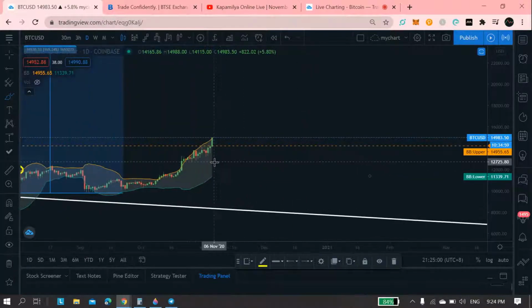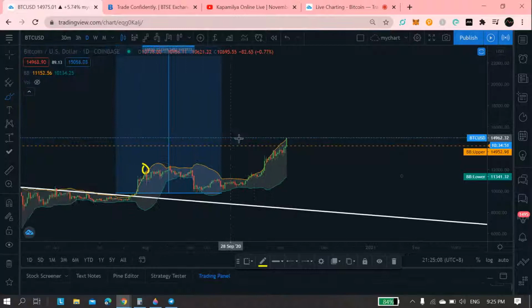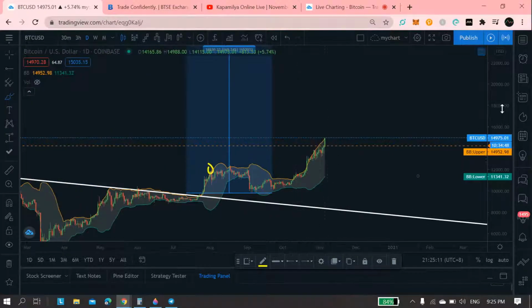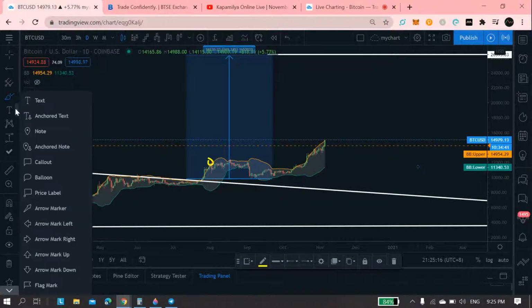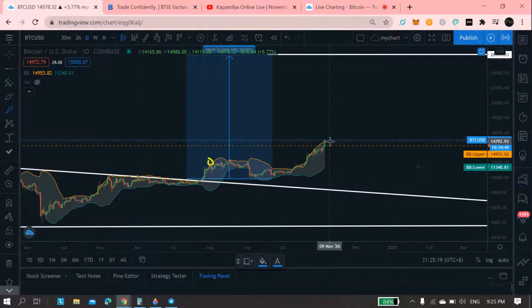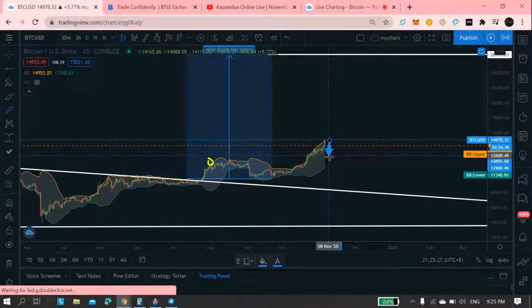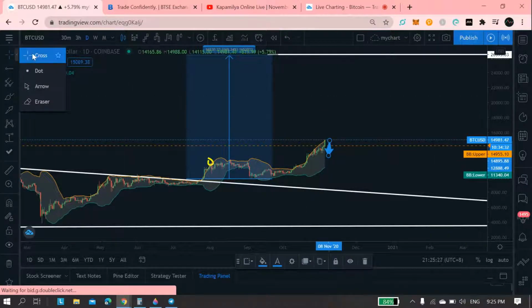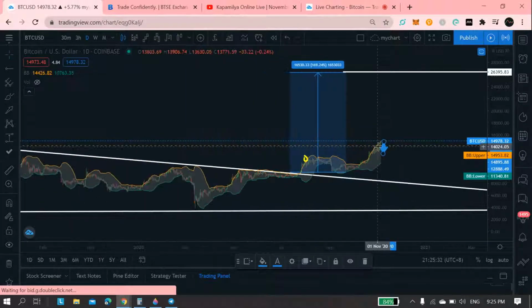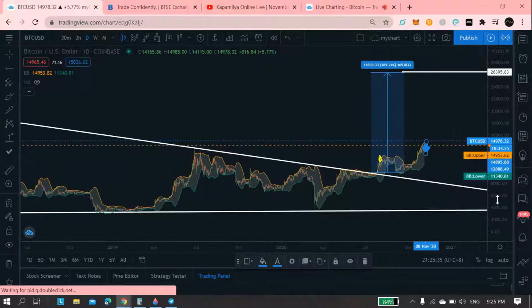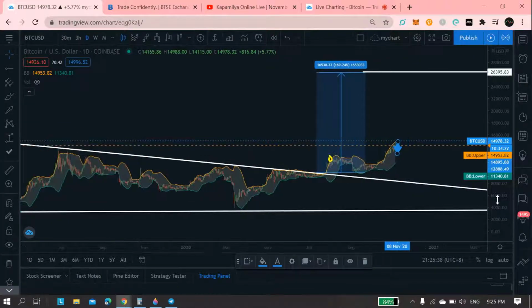The high of this candle is actually 14,988, so it went outside that upper Bollinger Band. So I'm expecting a possible pullback and will trade within this area or within this band. So that's my short-term target, but my long-term target is of course a more bullish one, which is around the 26,400 area.